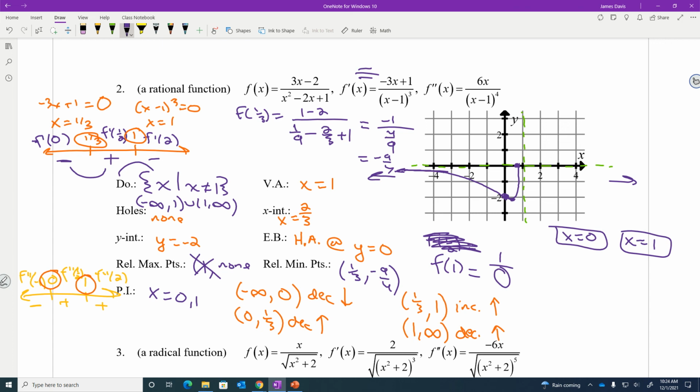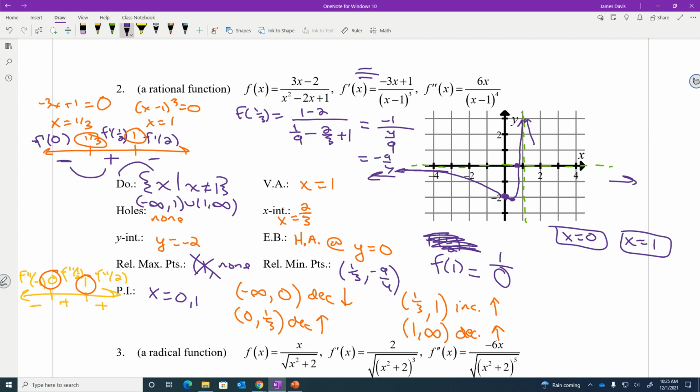And then it's undefined at 1 because we got the vertical asymptote. So this will then just continue to go up. So the vertical asymptote. And then from 1 to infinity, it's decreasing and up. So the fact that it's decreasing, we know that we actually kind of got to start up here, right? It's going to be decreasing. So you might not know what part of the asymptote to start at, but you don't start down here because then we're increasing, right?